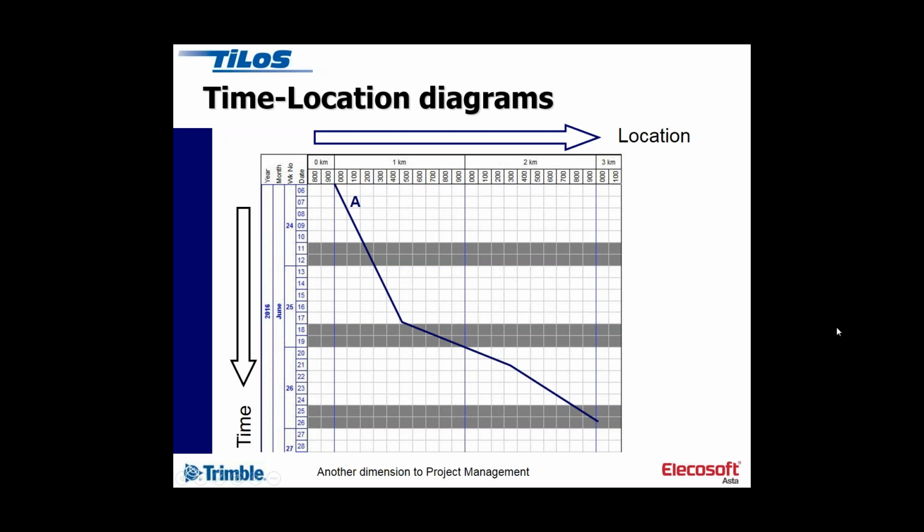the same activities against a grid rather than just a time axis, you see two bits of information you don't get any other way. You see where you will be at a certain time or vice versa, and you see the rate of production. You see where you go slower and faster, and then if you've got that following activity, you see where there might be a clash, and you can avoid that, or you can take some avoiding action.